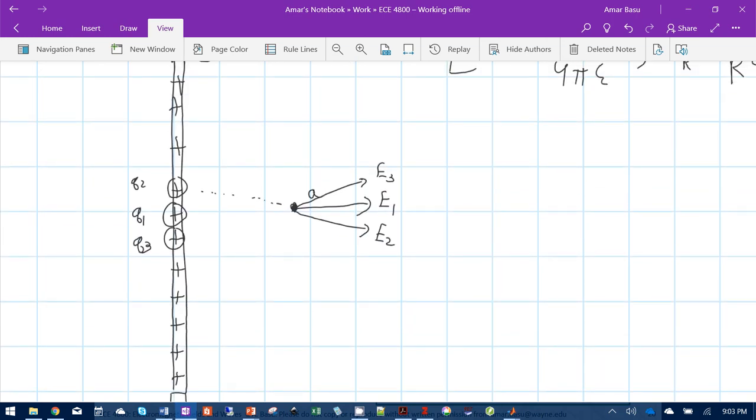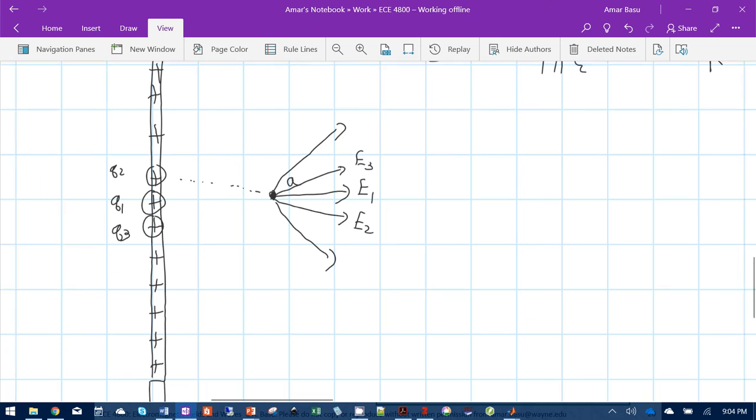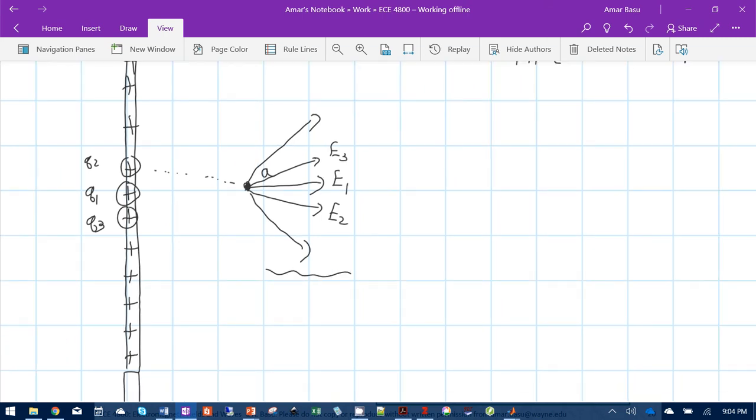Right, and if you keep on doing that pattern, you're going to get a bunch of vectors that look like this, right? So what we want to do is find the sum of all those vectors. We want to add all these guys up. And that's why we're integrating.